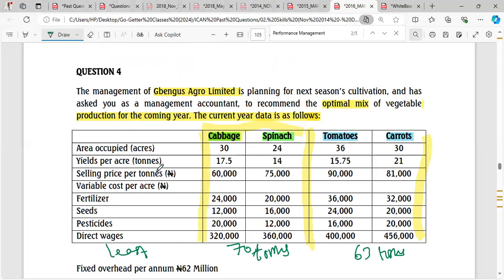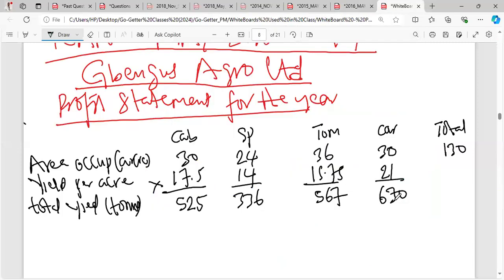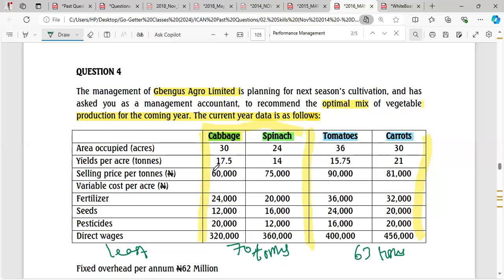Total yield, so that is in tons. Selling price per ton. So how much do we have here? This is 60,000.